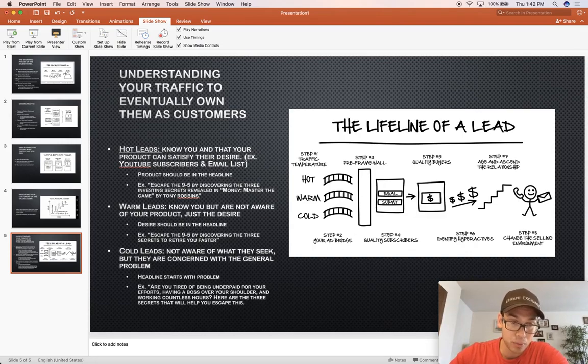Because the example was, the product that we're affiliate marketing is the book Money Master the Game by Tony Robbins. If your lead doesn't know what investing is, then they don't care about the 3 investing secrets. They don't even know what investing is. So your pre-frame is going to be explaining what investing is.